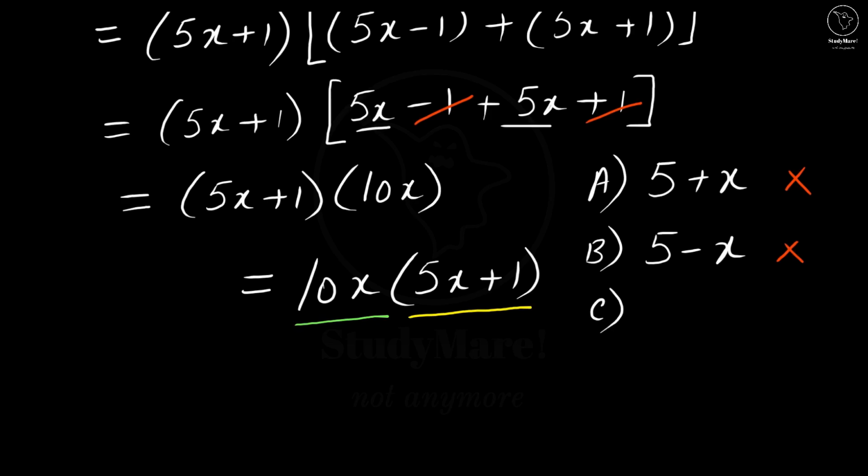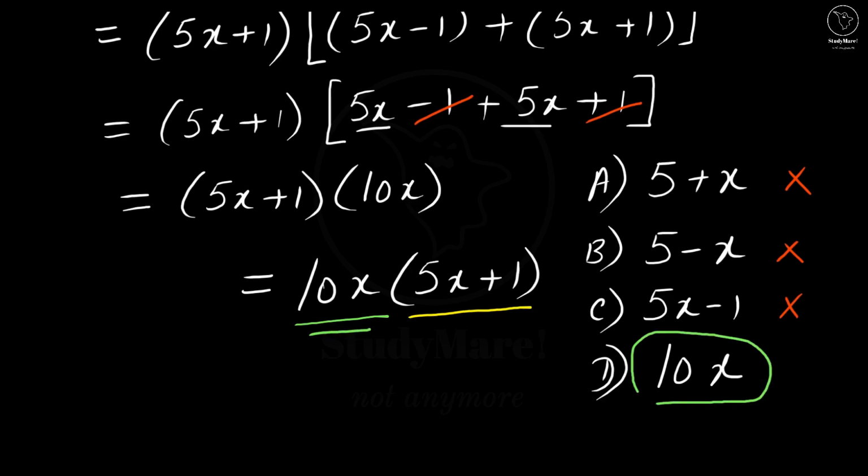Third was 5x minus 1. Do we see 5x minus 1 in this? No, we have 5x plus 1 but not 5x minus 1, so this is also not correct. And what about option D? That is 10x. We already have 10x here, so this is the correct answer.